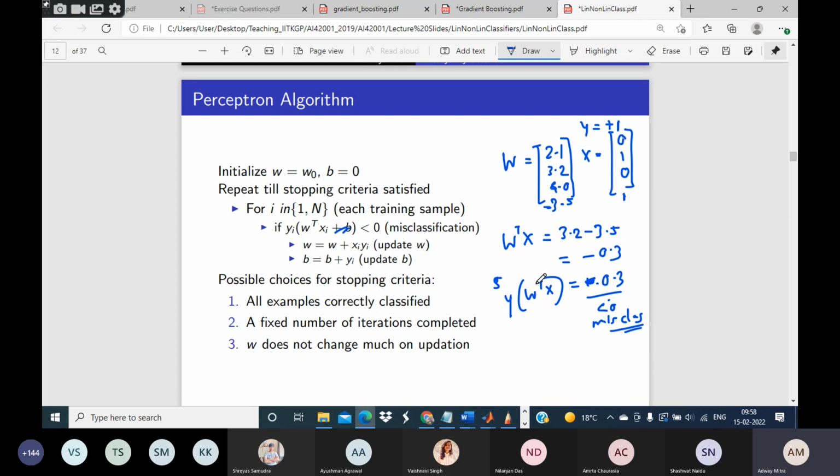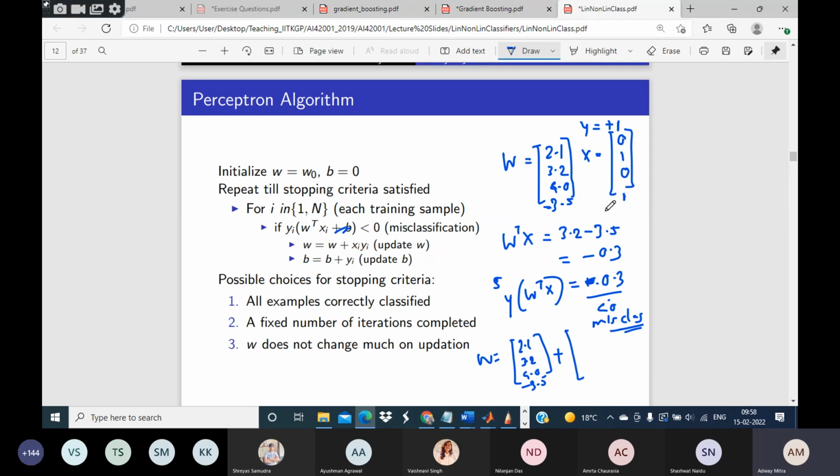Correct? So now that this has happened, we have to update W in the following way. The new W is going to be the old W, 2.1, 3.2, 4.0, minus 3.5, plus the sign yi multiplied to each of these things, and that is to be added.